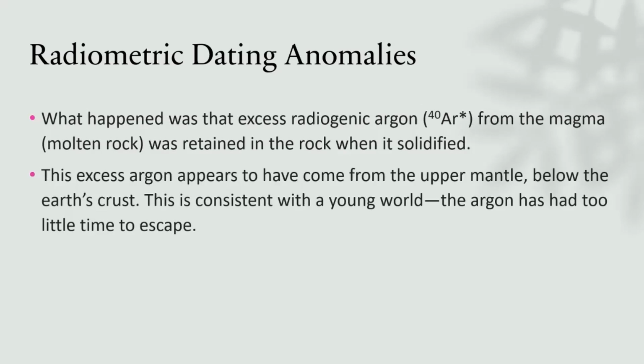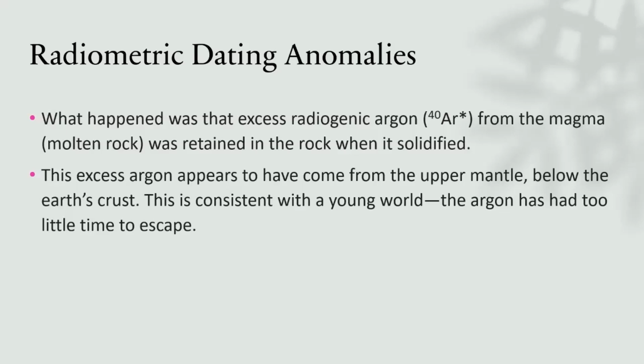So the excess argon appears to have come from the upper mantle below the Earth's crust. This is consistent with a young world, right? Because in a young world, remember, there hasn't been any time for the argon to off-gas, just as we know there hasn't been enough time for helium to off-gas from the rocks. All of this helium and this argon was created by radiometric decay that happened right at creation.